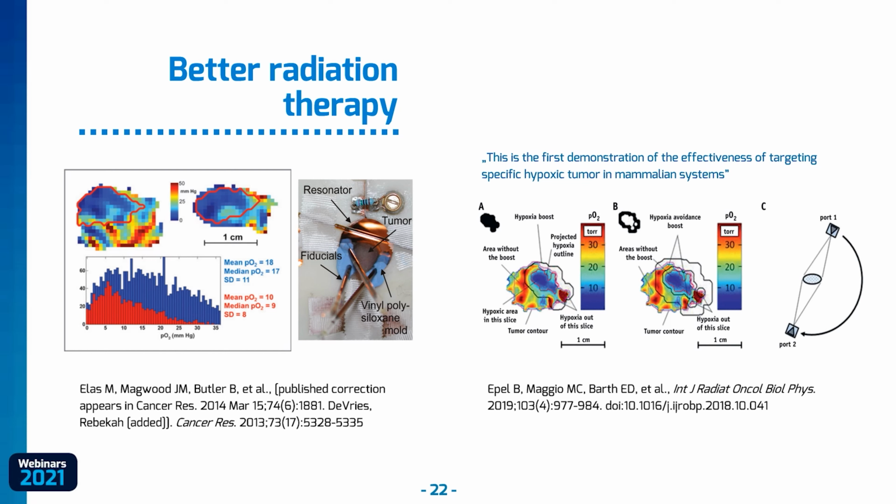One of the major values of knowing the distribution of oxygen tension in the animal tumor is the insight it gives into the distribution of the radiation dose that should be administered to optimally treat a tumor.